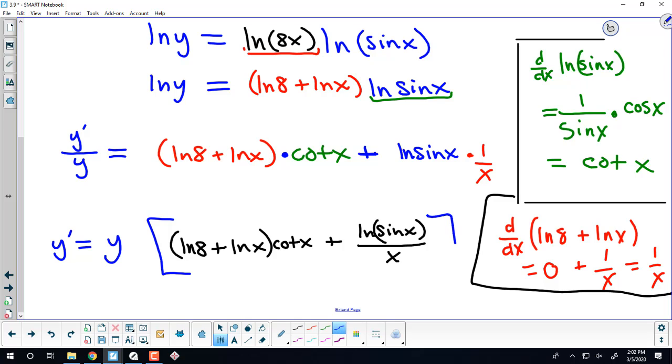And then we just rewrite y in terms of x, which was sine x to the power of natural log of 8x, times all of that stuff. I think my MyMathLab is sort of inconsistent with which ones it wants you to simplify and which ones it doesn't care about.